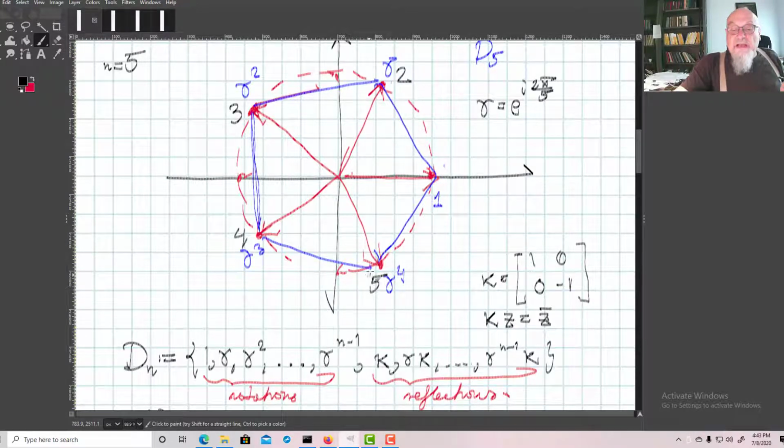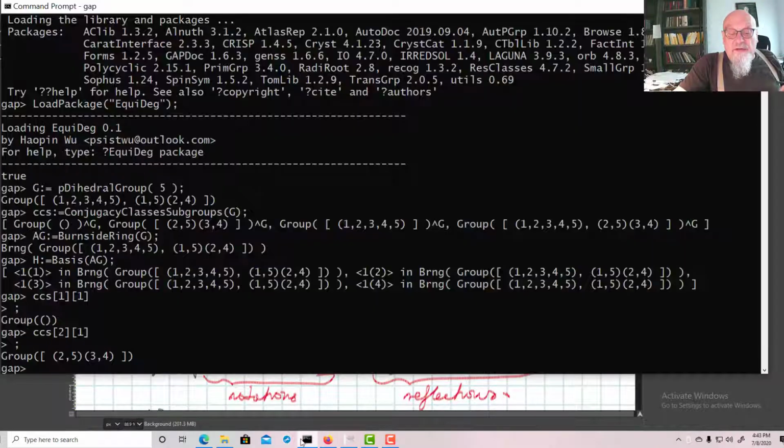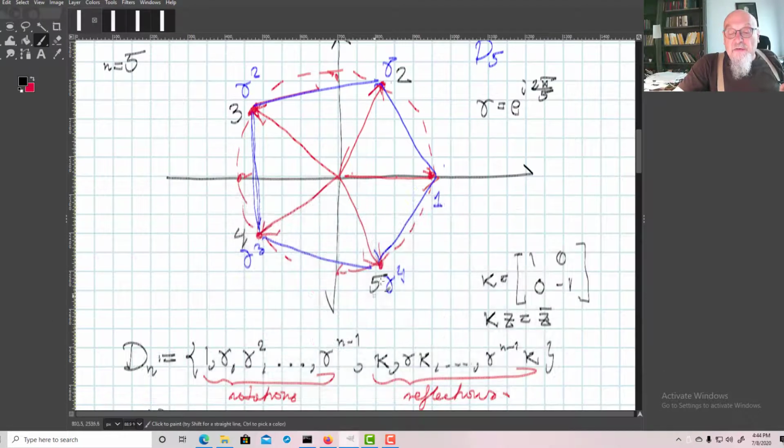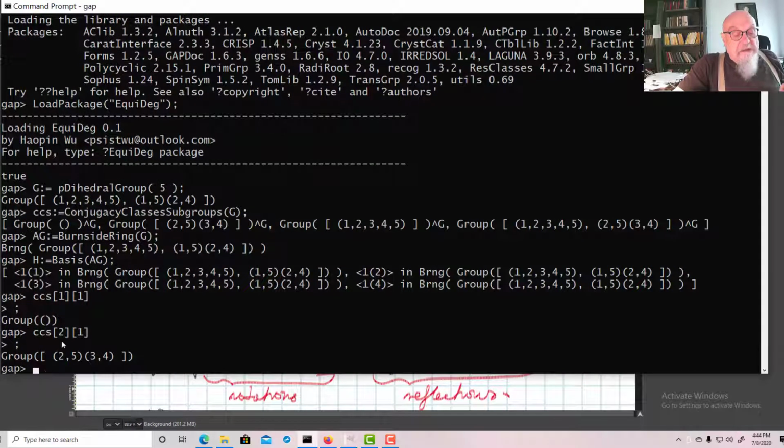So what kind of the symmetry of the pentagon is the permutation 2, 5, 3, 4? 2, 5 means switching this two, and I'm getting here that this is exactly kappa.